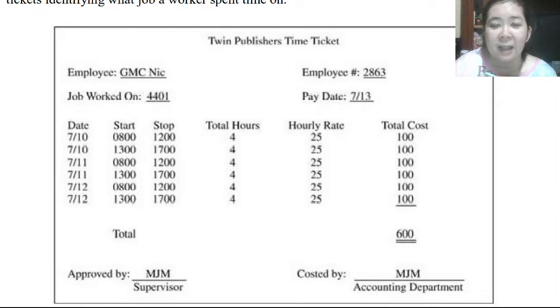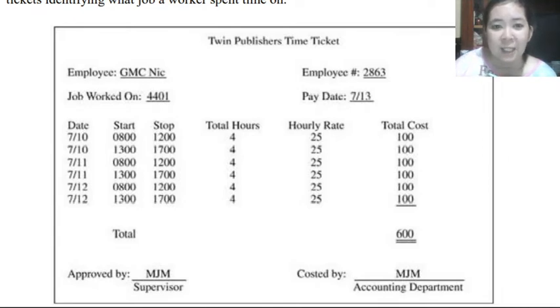After that, the total hours spent for the job during the day can be determined, and it will be multiplied by the hourly rate to get the total cost. We will just add all the cost for each day on which the employee worked for the specific job. That is what we will pay the worker, and this is also used as a source of data for allocating direct labor for our job order costing.